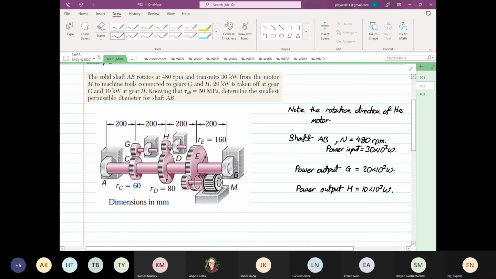Knowing our allowable shear stress is equal to 50 times 10 to the power 6 Pascal, this is a material property.